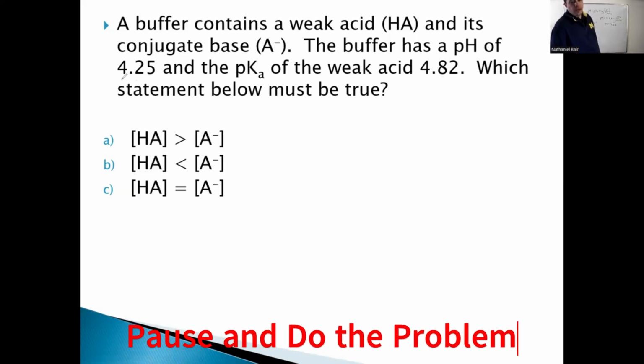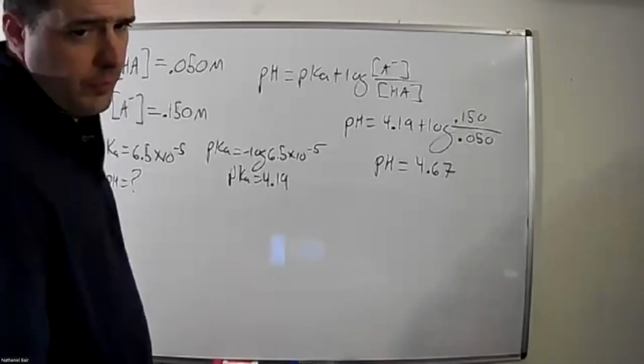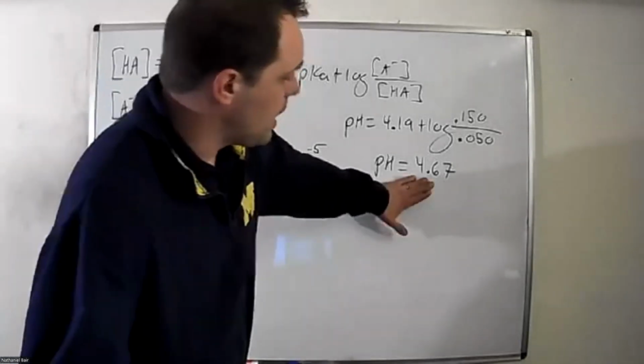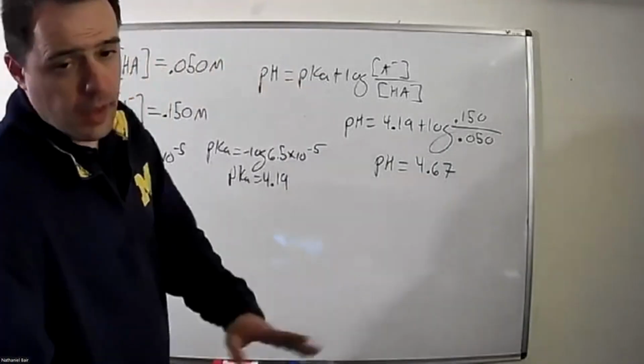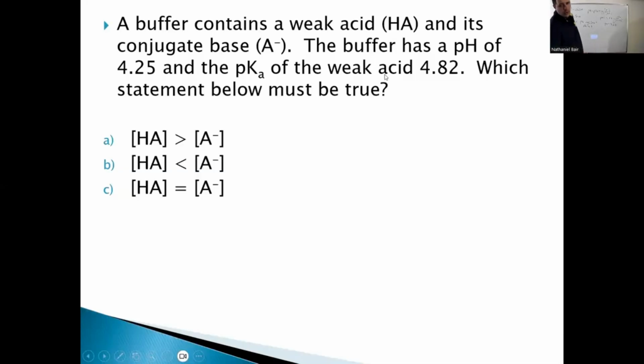Once again, if it was a one-to-one buffer, the pH would be the pKa, but we are more acidic than the pKa, which means there's more acid than base. This is essentially the opposite of what we just looked at. In the problem we just looked at, we had more base than acid, so the pH was higher than the pKa. In the problem on this slide, the pH is lower than the pKa, so there must be more acid than base.